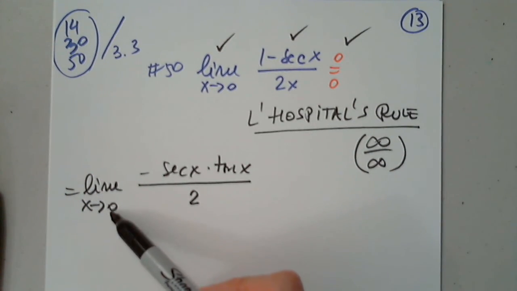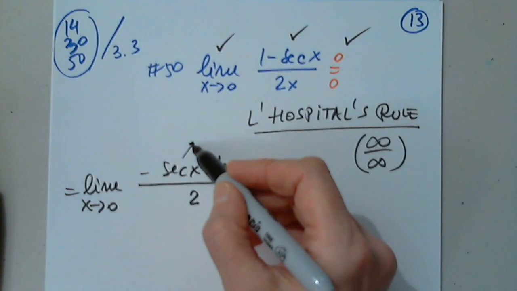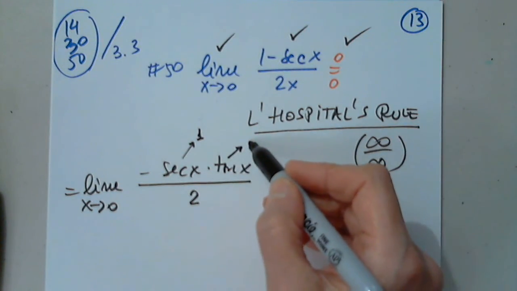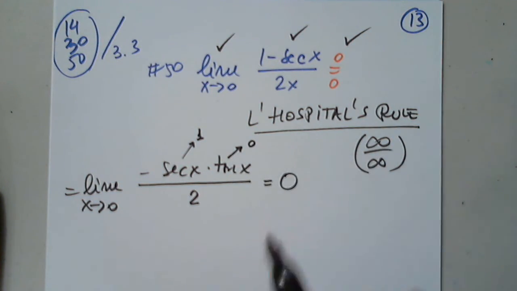So now when I plug in 0, this approaches 1, this approaches 0, the answer is 0. Feel free to apply L'Hopital's rule when it's applicable.